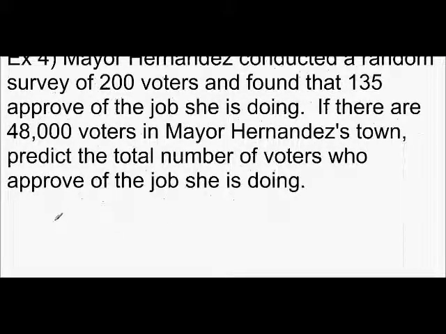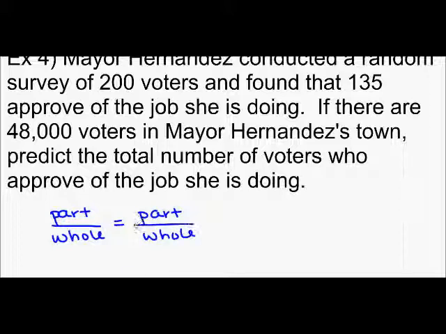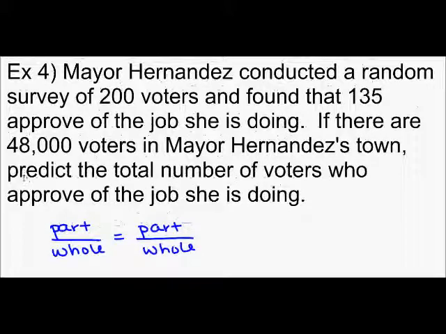Now remember, when you set up a proportion, you're going to say part divided by whole equals part divided by whole for this type of problem. The first thing I'm going to look at is the survey. So the survey part and whole are going to go together. So I had 200 voters total, so that's going to go for the whole.